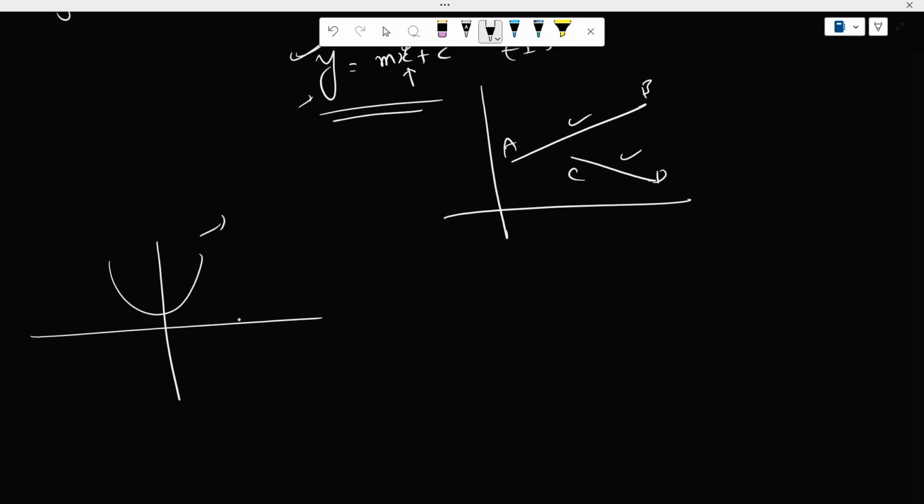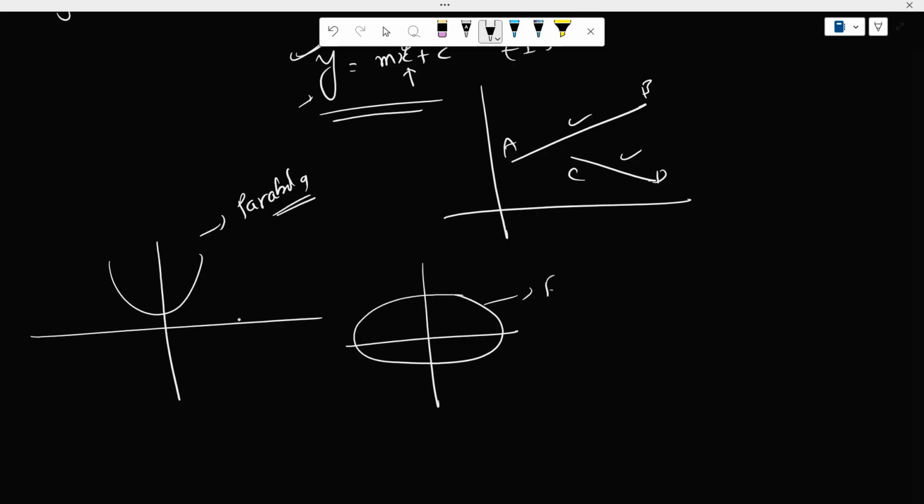You can see this is a parabola. Or when you draw something like this, you get something like this, and this is an ellipse, right? These are the curves which are known as non-linear curves.